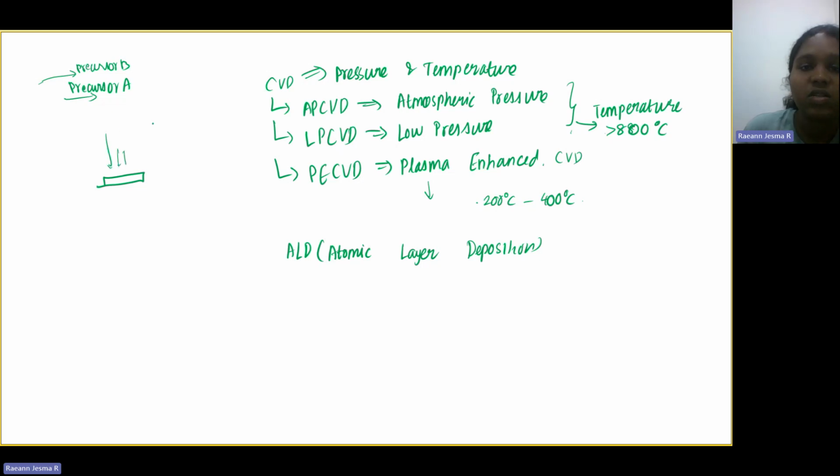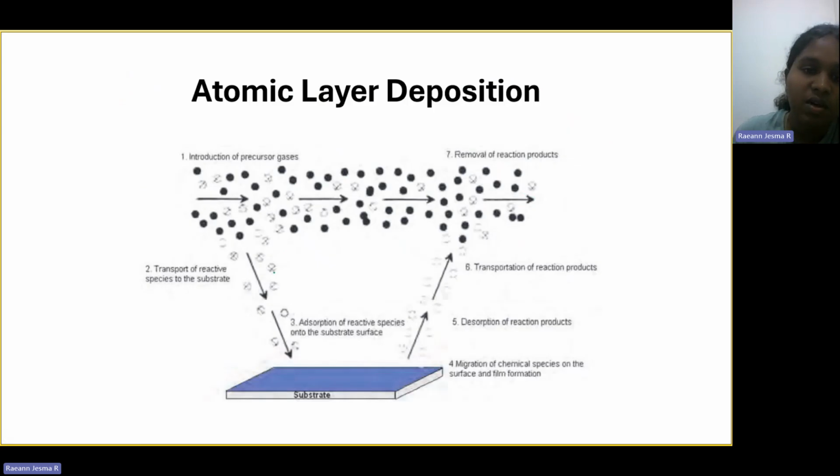In the case of atomic layer deposition, as the name suggests, we are depositing atomic layer by layer. So if we have two precursors A and B, which will react to form our atomic layer, first we will pass precursor A. So if this is your substrate, first your precursor A is passed.